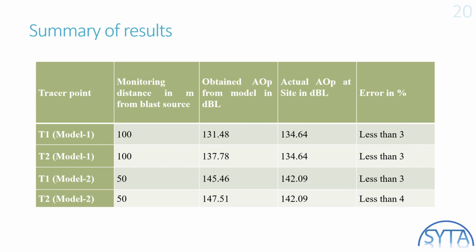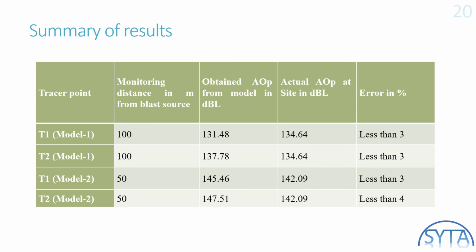Similarly, in model number 2, tracer point 1 and tracer point 2, the monitoring distance is 50 meters from the blast source. In model 2, tracer point 1 we have got air pressure 145.46 decibel, and in tracer point 2 we have got 147.51 decibel.